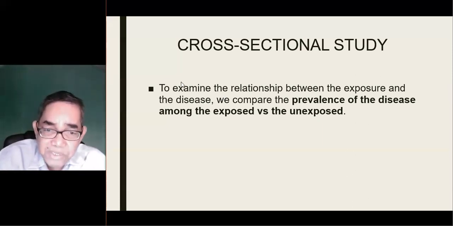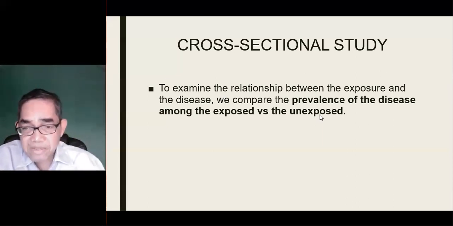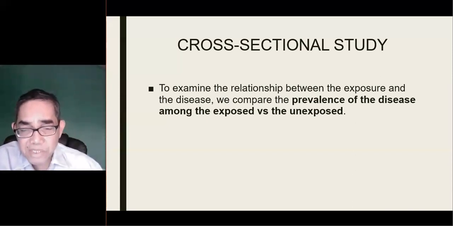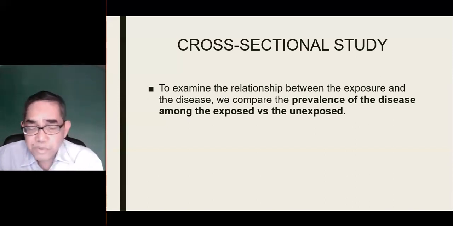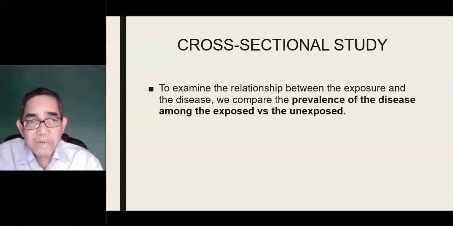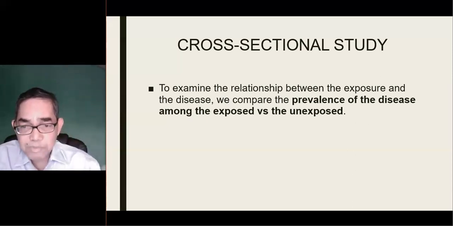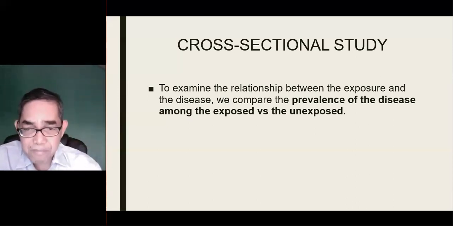So when we examine the relationship, we compare the prevalence of the disease among the exposed and among the unexposed. Okay, I failed to explain to you what prevalence of the disease means, because we look at the population at one point in time. Those people with the disease, we call that the prevalence of the disease.